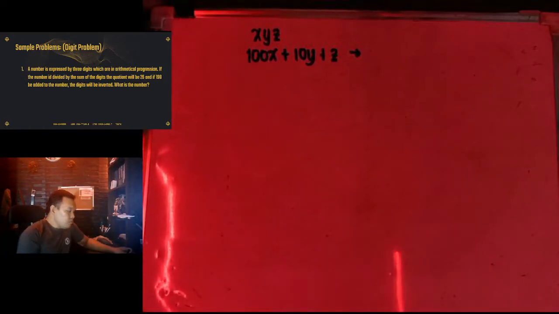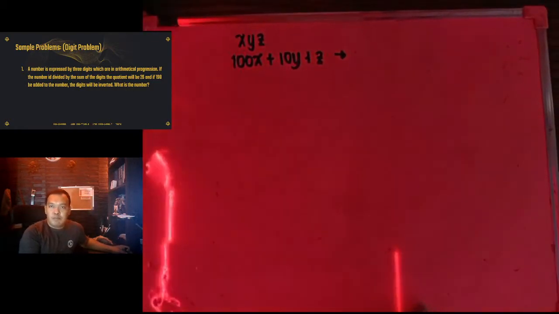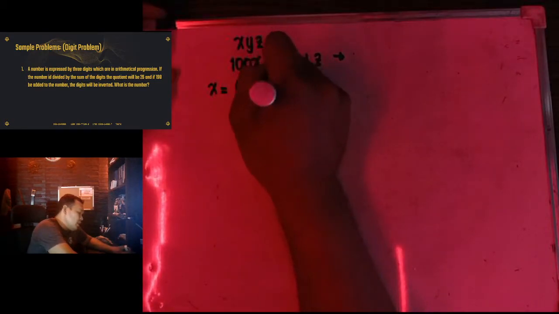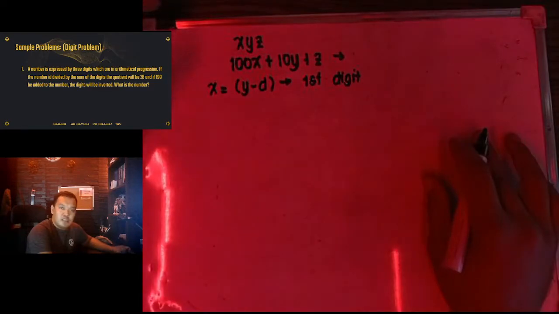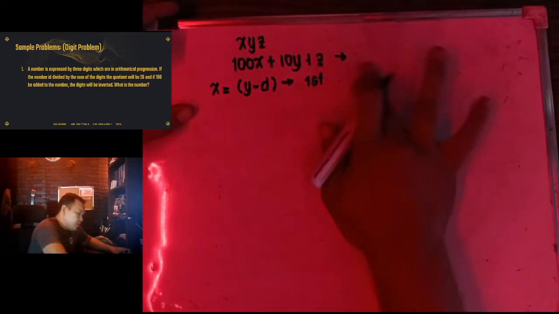Then, based on the given problem, the number is expressed by 3 digits which are in arithmetic progression. This means there is a common difference among the 3 digits. So we could say that x, the first digit or the hundreds digit, is equivalent to y minus d, which is the first term.